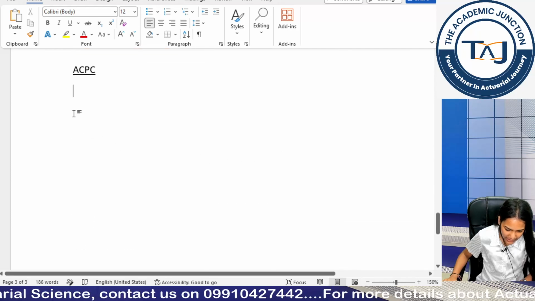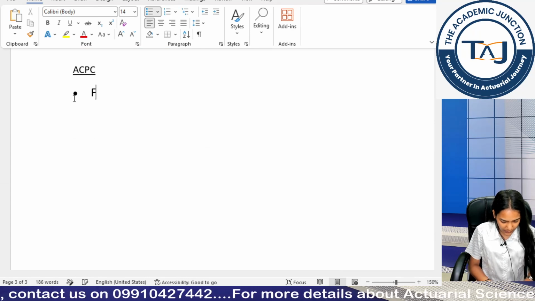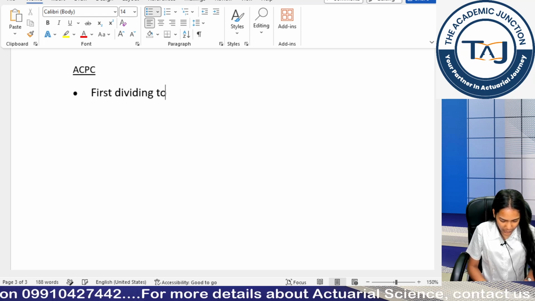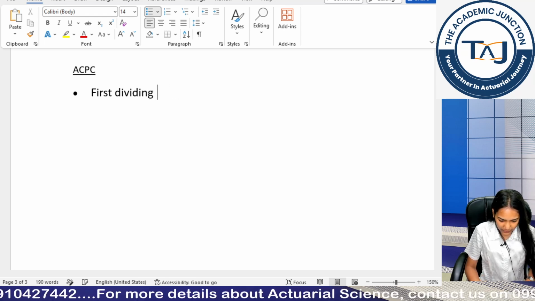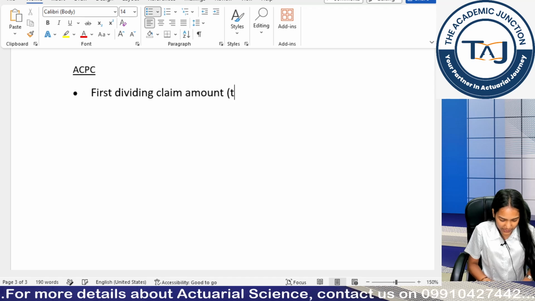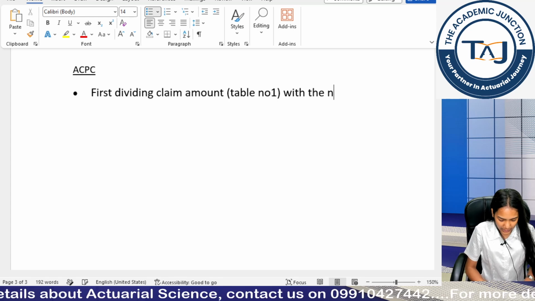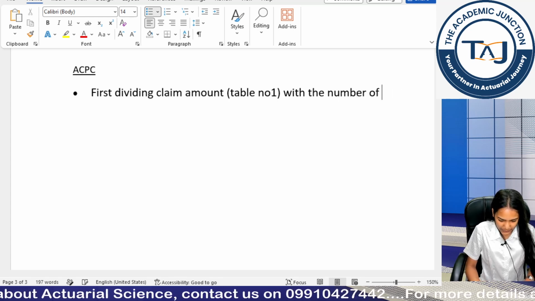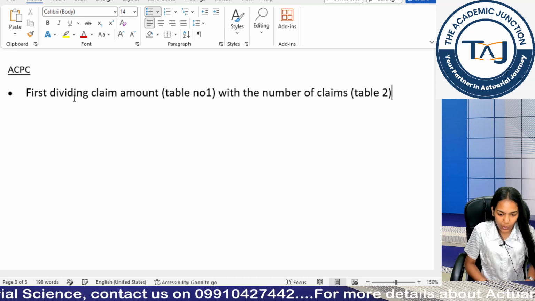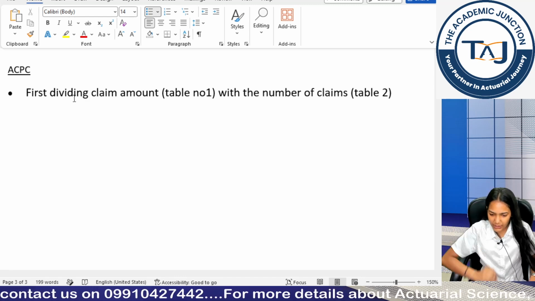So my first step will basically become first dividing the total claim amount, which is your table number. You can also write this is my table number 1, with the number of claims, that is my table 2, or table 3, whatever the table is, because you would be arranging them first, second, third, fourth, right.